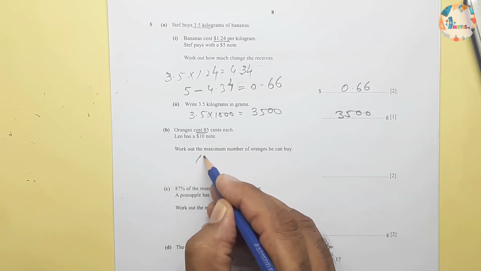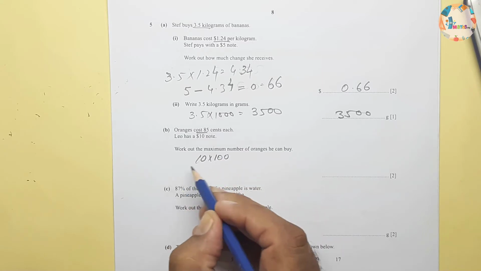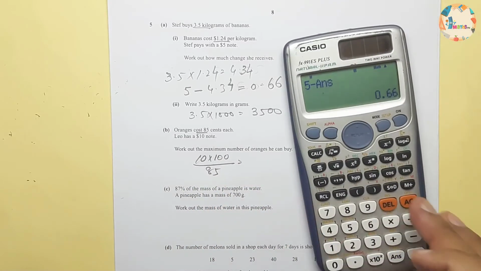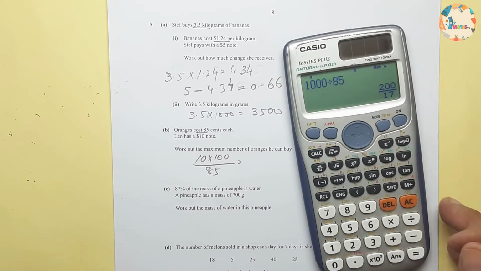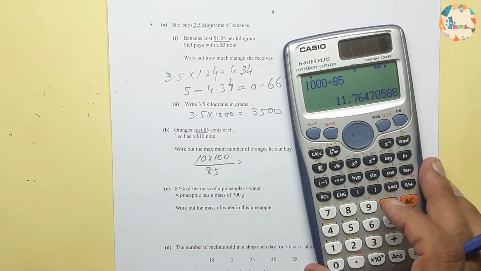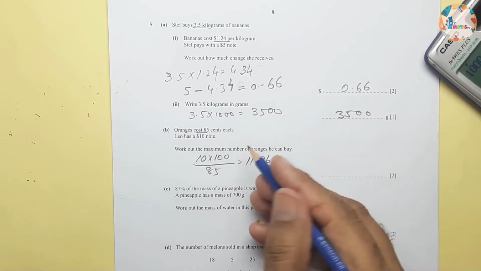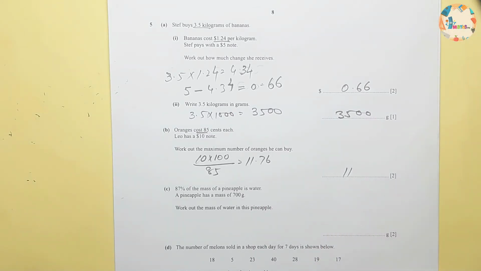So $10 we can change into cents, multiply by 100 and divided by 85, and this will be 1000. 1000 divided by 85 will be equal to 11.76. So round figure will be 11, so we can buy 11 oranges.